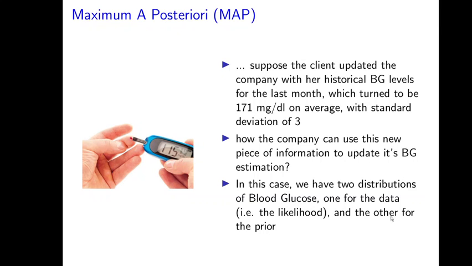In this case, as I mentioned, we have two distributions of blood glucose. One for the data, the 7 observations we received before, which represents the likelihood distribution, and the other for the prior, which is represented by the historical BG level for the last month.